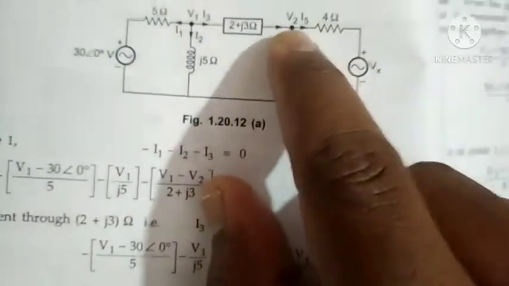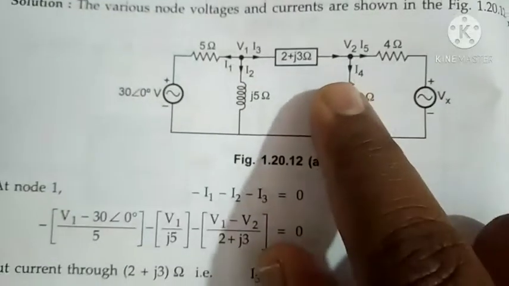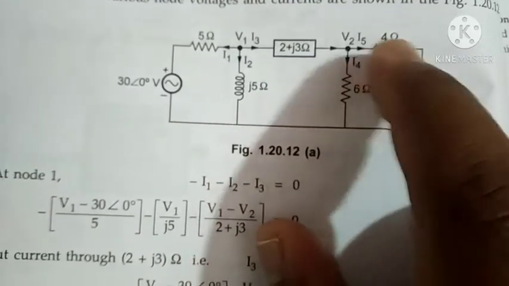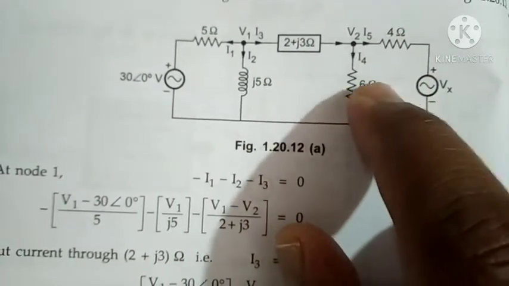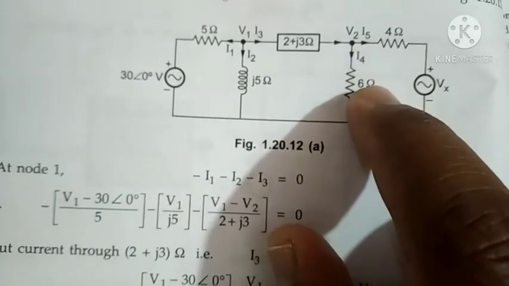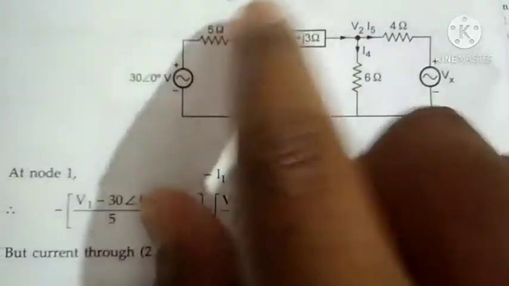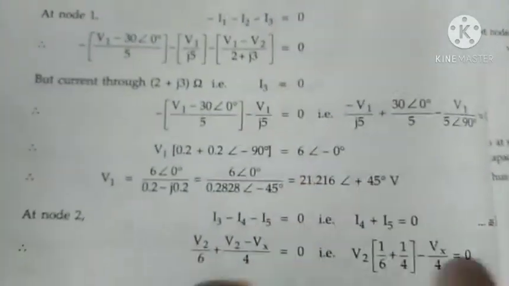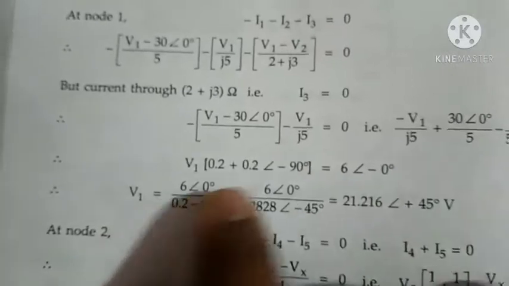Similarly we can apply it for V2. The current I3 is incoming, and outgoing currents are I5 and I4. So I3 is equal to I5 plus I4, and we replace I3, I4 and I5 by their values. After replacing all those, we will get another equation.